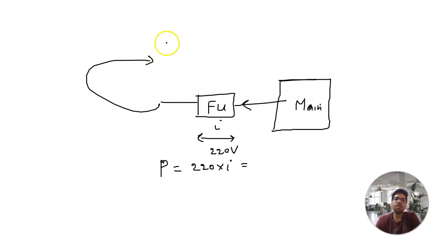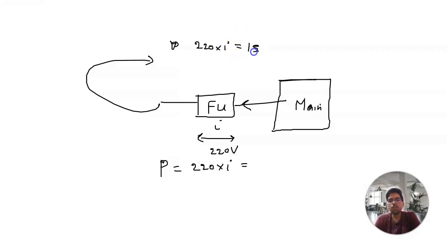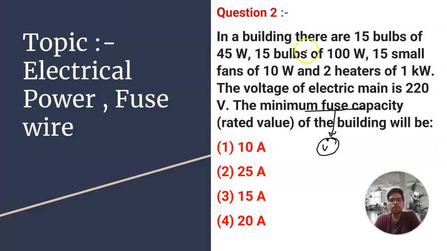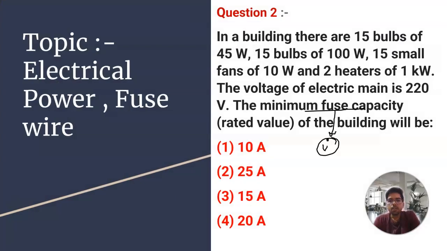So I can say simply this power 220 into I is equal to the power consumed by the bulbs. 15 bulbs of 45 watt. So 15 into 45 watt, plus 15 into 100, plus how many small fans?